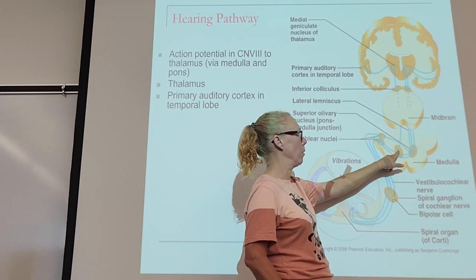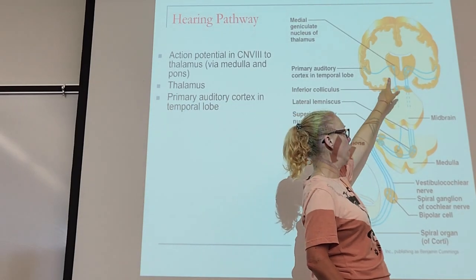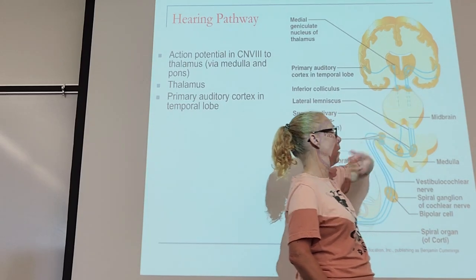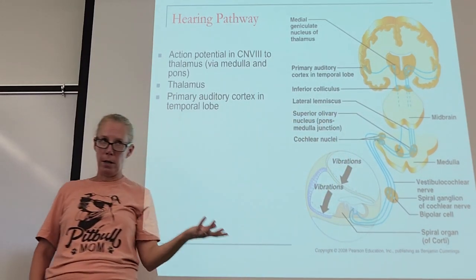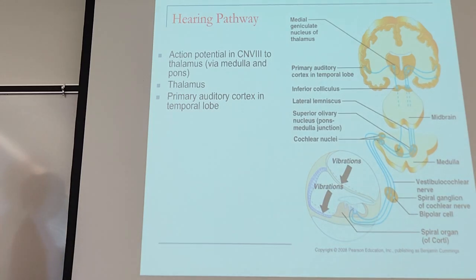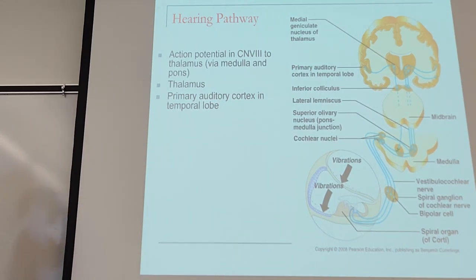This is communication, we already know this. It's going to send information up because it's a sensory pathway. It's going to synapse in the thalamus, which is the main sensory relay station, and ultimately it's going to wind up in your auditory cortex in the temporal lobe. And only when it reaches there do you have conscious perception of what it is you're hearing. All based on vibration of sound. Kind of crazy.